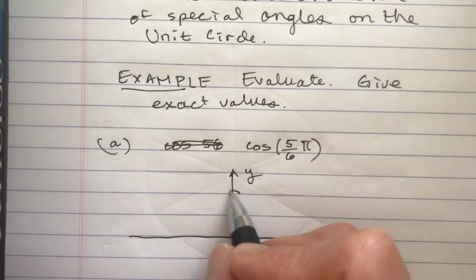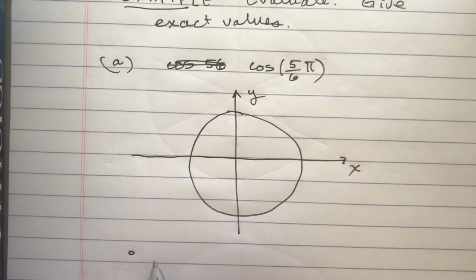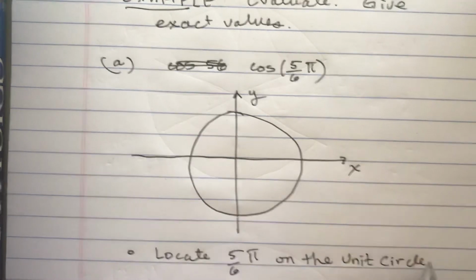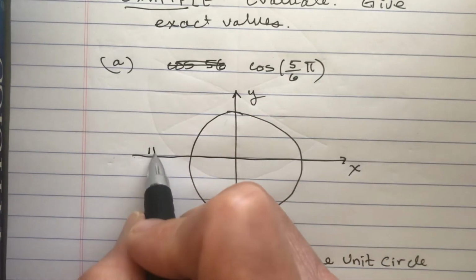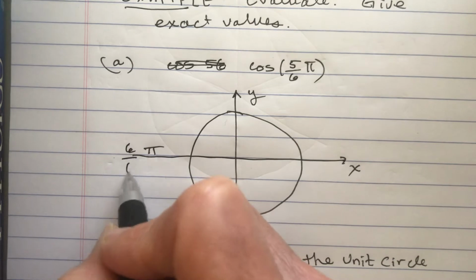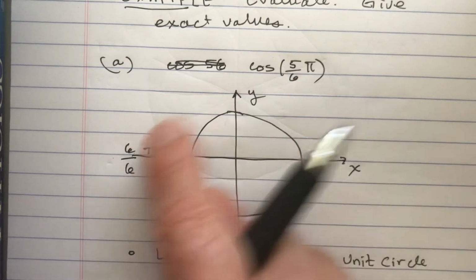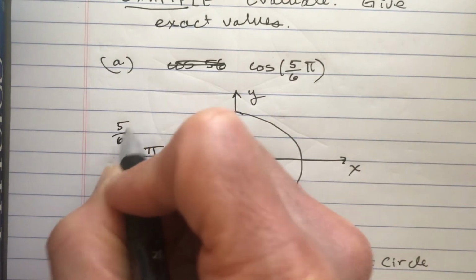What I'm going to do is start by locating 5/6 pi on the unit circle. My tool is to compare this to the x-axis. So here's pi, and I'm going to fill in that pi is 6/6 pi. So 5/6 is 1/6 less. So I'm going to put the 5/6 up here.